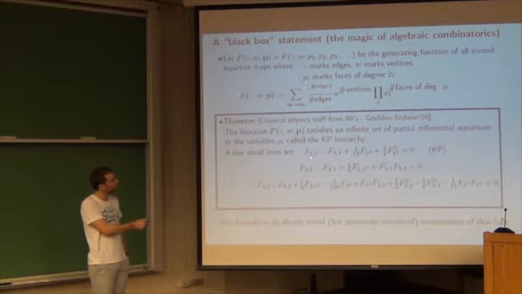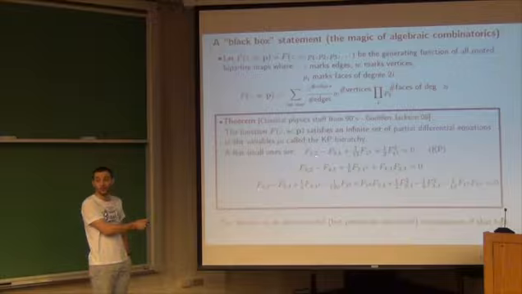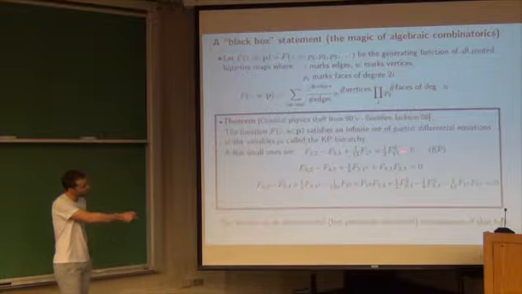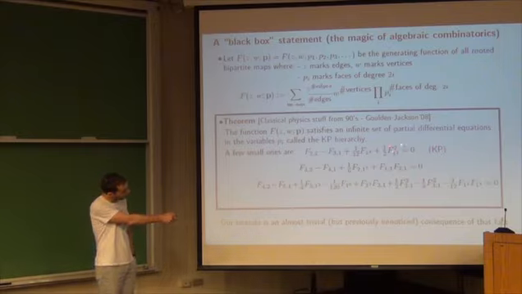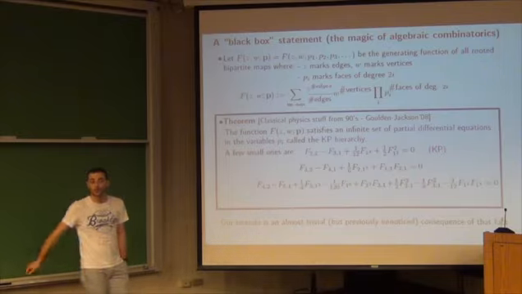Here F22 means I differentiate with respect to p2 twice. Here I differentiate with respect to p2 then p1. So these are just partial derivatives. These equations are quadratic. I have a square here, in terms of degree 2.